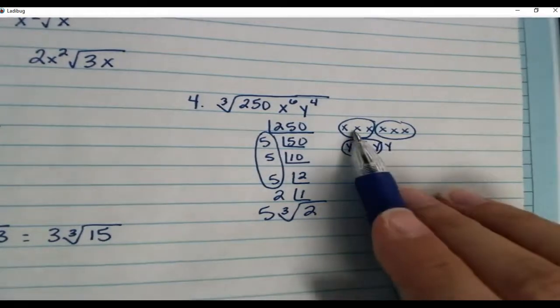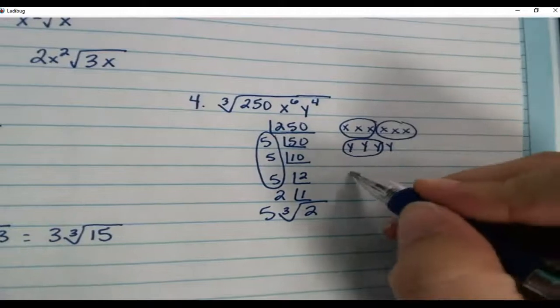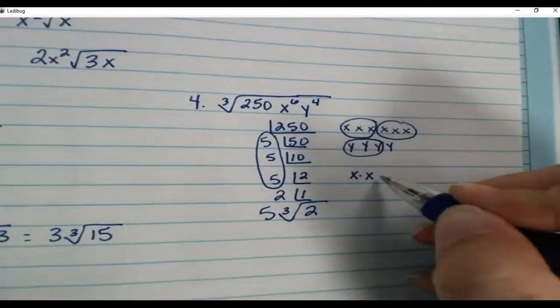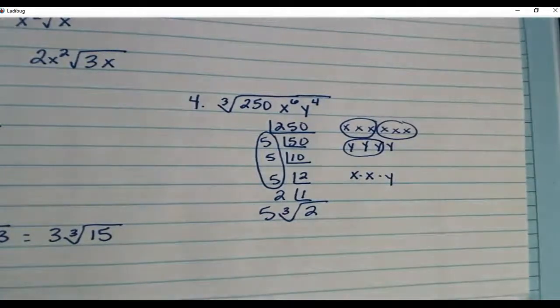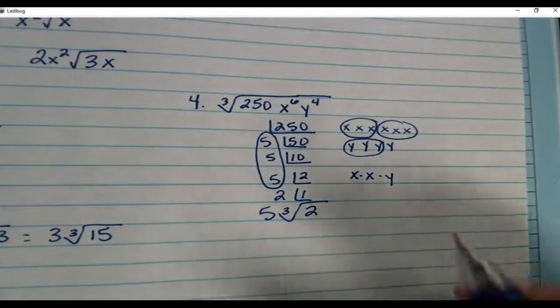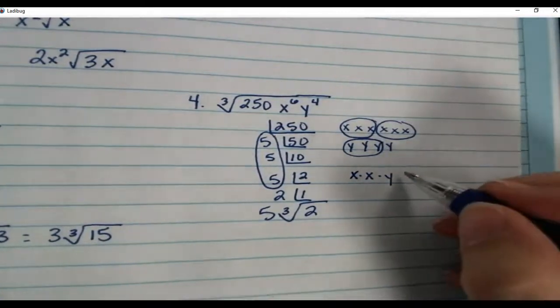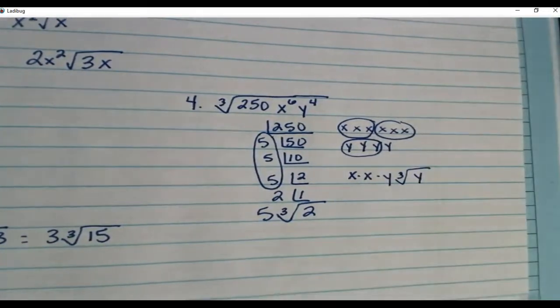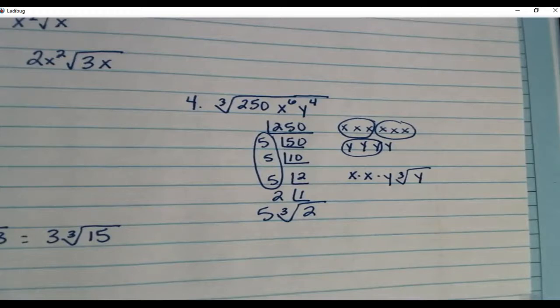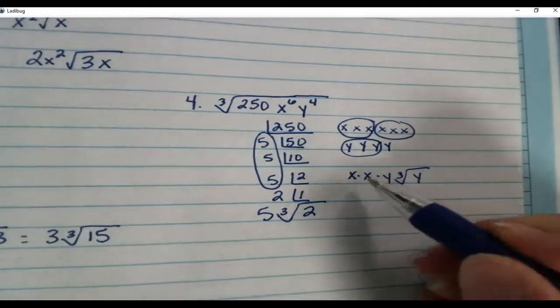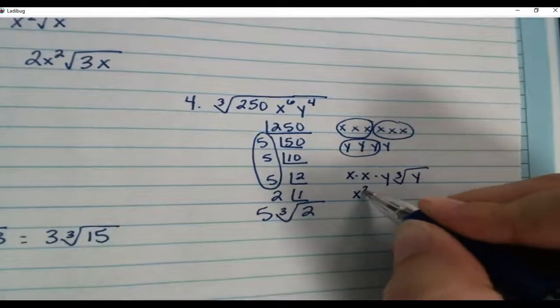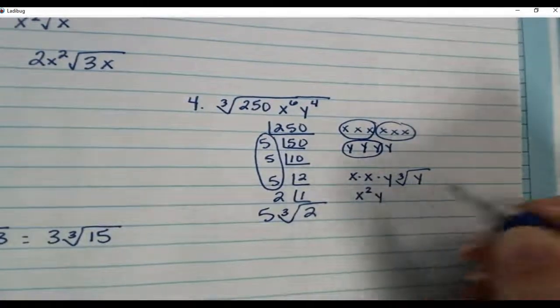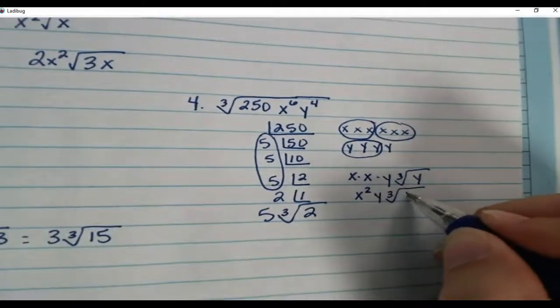So I've got 2 x's that come outside and 1 y. And then this little y right here is all by itself, so he stays inside. So then if I simplify x times x, x squared y, cube root of y.